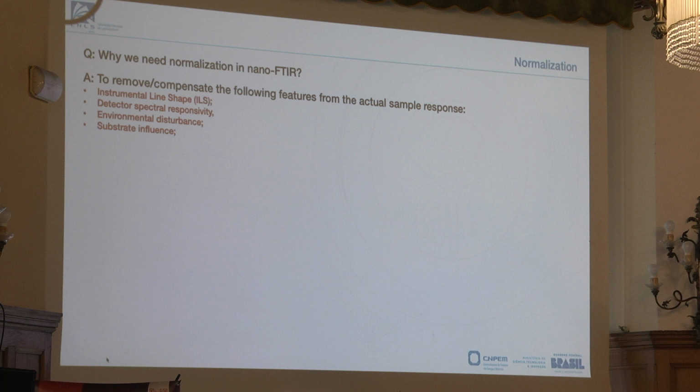This is something that we need to take into account. The detector spectral responsivity is also not linear, so you need to take this into account. Environment: you could see already several overtones of the water vapor and also CO2, many things, substrate influence.